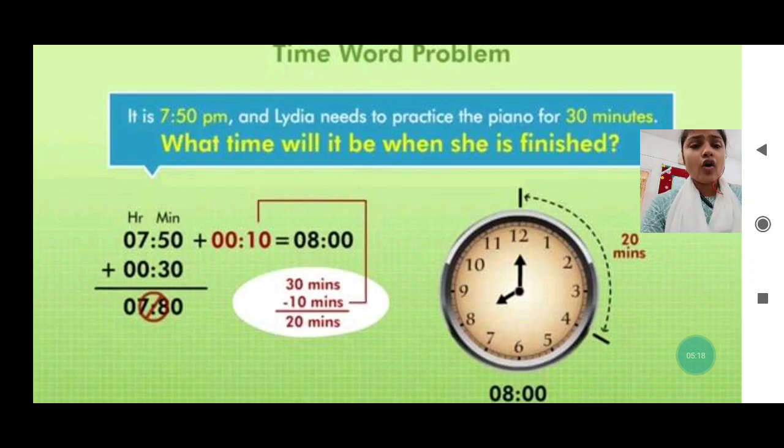From 7:50, if she practiced for 30 minutes, it means she practiced till 8:20. Till 8:20 she practiced the piano, meaning 30 minutes she has practiced. So from 7:50, if you calculate 30 minutes, you get 8:20. So at 8:20 p.m. she finished playing the piano.